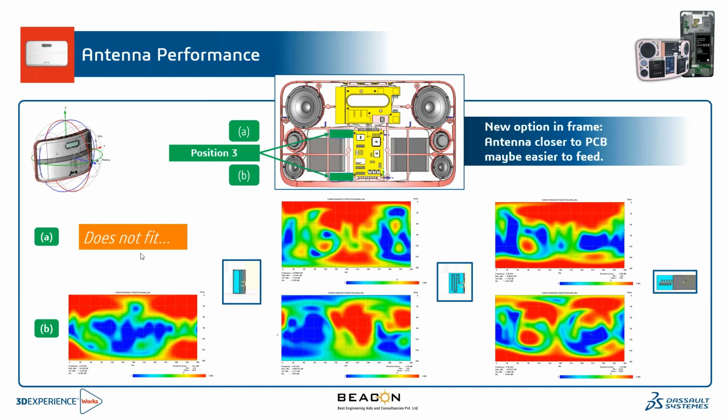If we see initially at position 3, A does not fit into the size. I mean the respective antenna which is selected here is not fitting into the gap. So there could be such challenges where we can ignore such types of antenna and choose one which fits into the space and also provides a better total scan or coverage efficiency.